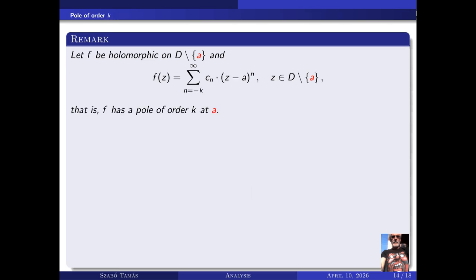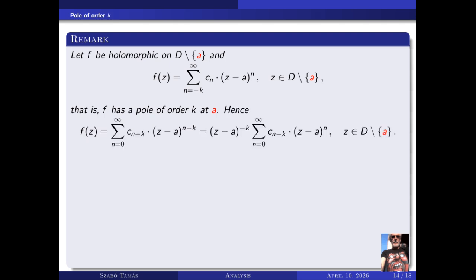Pole of order k. Let f be holomorphic on D minus the point a, and suppose that f(z) = the sum from n = −k to infinity of c_n (z − a)^n. Then f has a pole of order k at a.